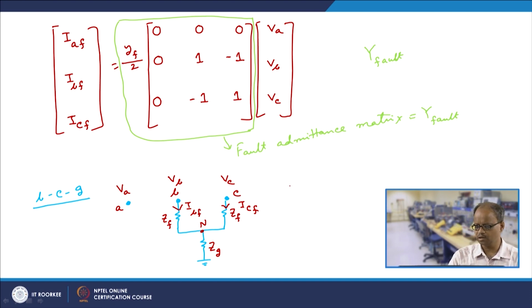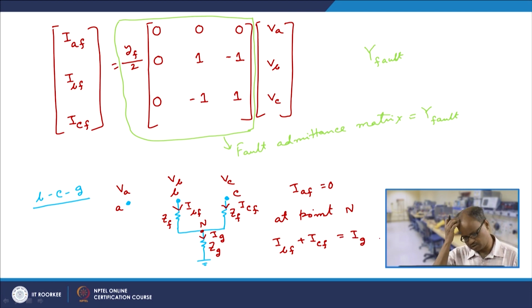So again IAF is equal to 0. And if I say that this is Ig, then at point N, by applying KCL, IBF plus ICF is equal to Ig. And what is IBF?